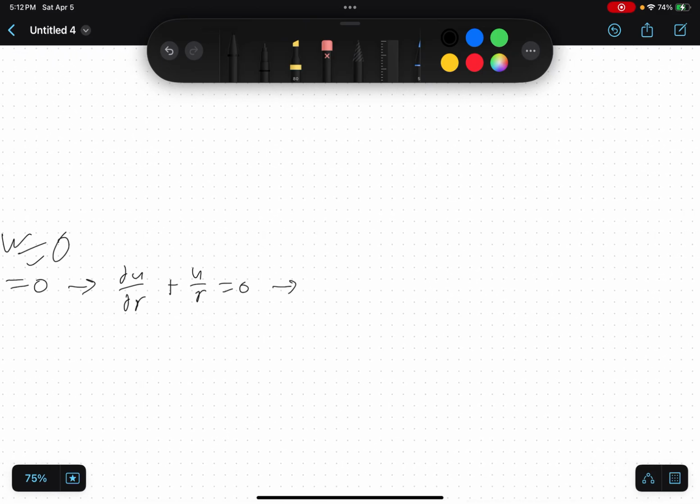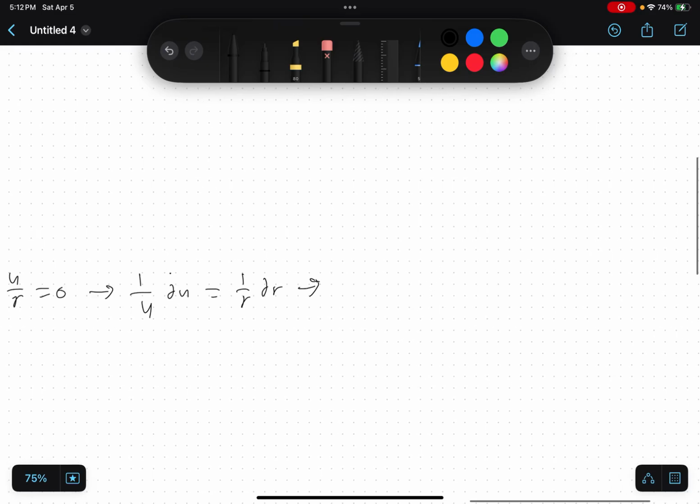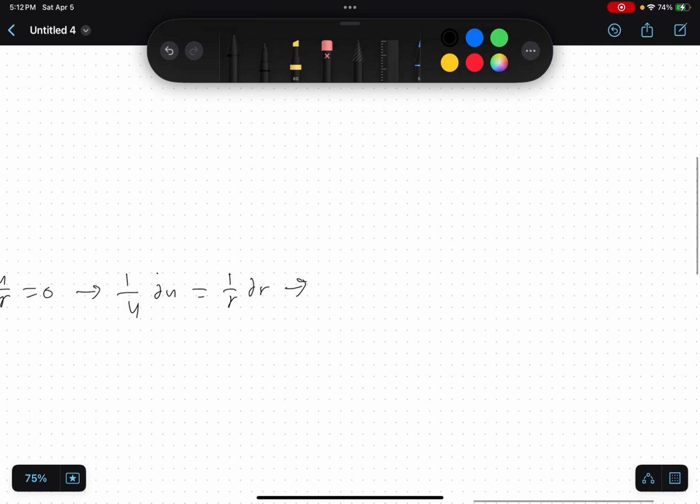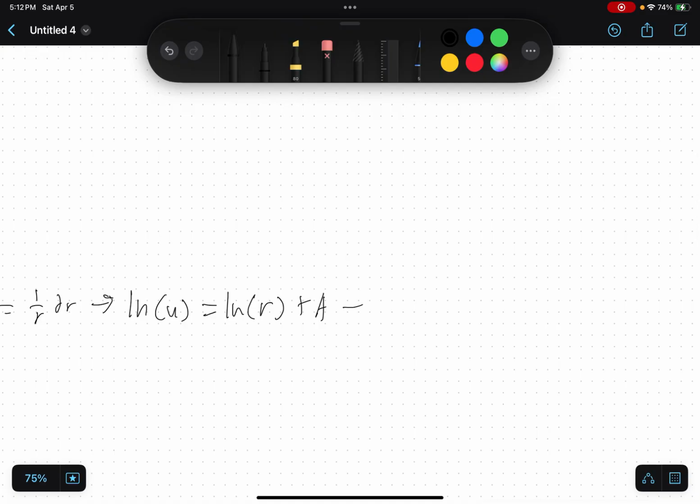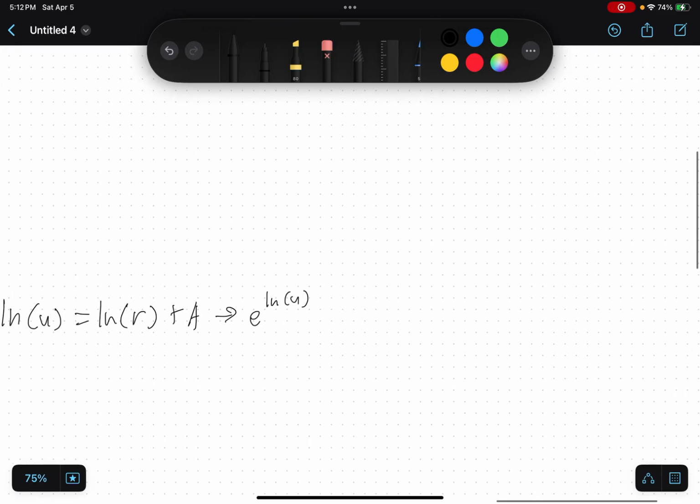Let's group them: 1 over u du equals 1 over r dr. Now integrate both sides, and we'll get ln of u equals ln r plus a, a constant. Then let's put both of them to the e to get them out of the natural logs.